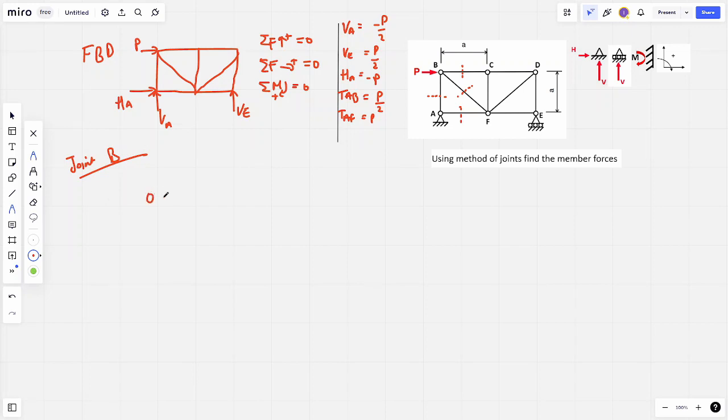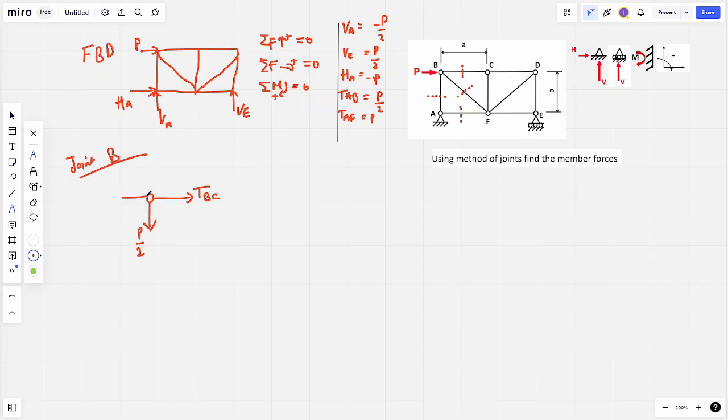It's going to look something like this. BC is unknown, so we're going to assume it's tension. We know TAB because we've just worked it out. It's positive, so that means our assumption of tension was correct, and we can say the arrow is going away, which is P over 2.